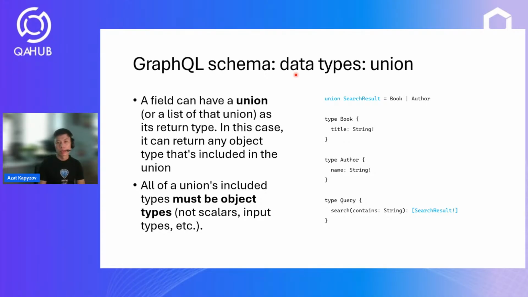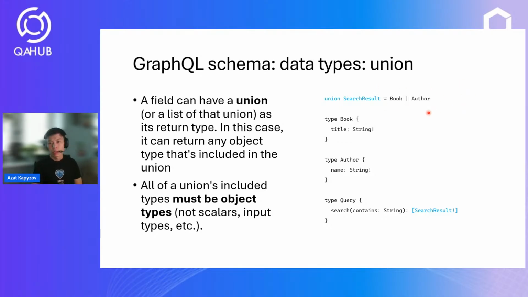All of the union's included types must be object types, not scalars, inputs, etc. So, for example, in this case, we specify union search result, which contains two types, book and author. So we cannot specify here any scalar types or input types. It should always be object.